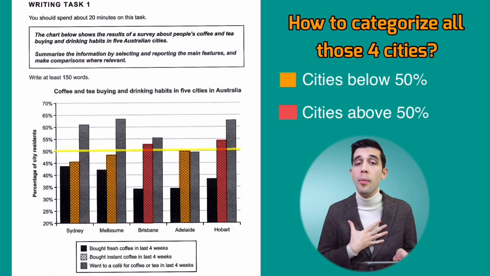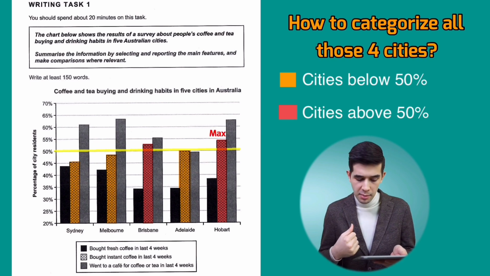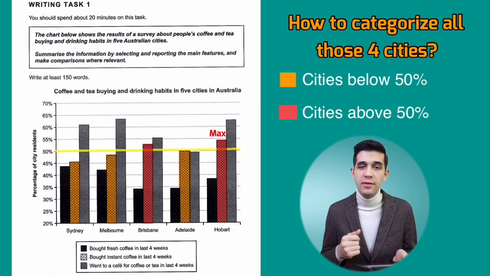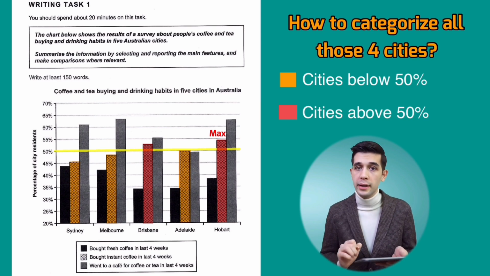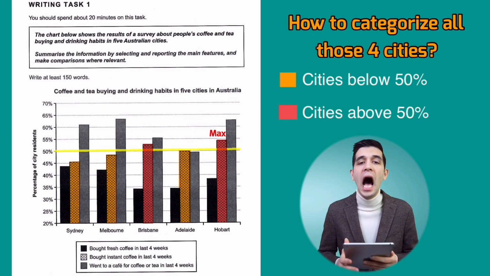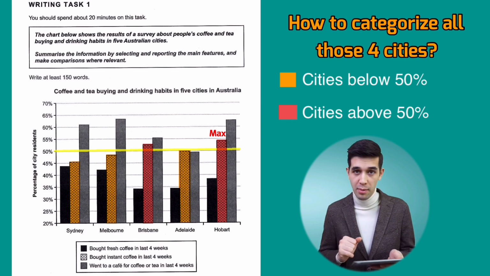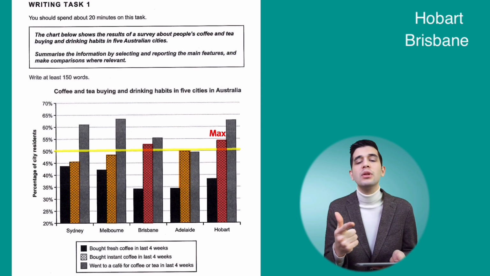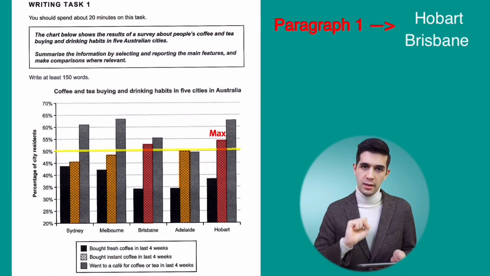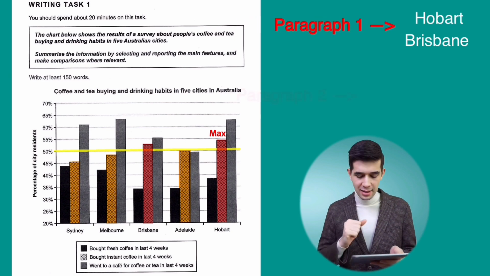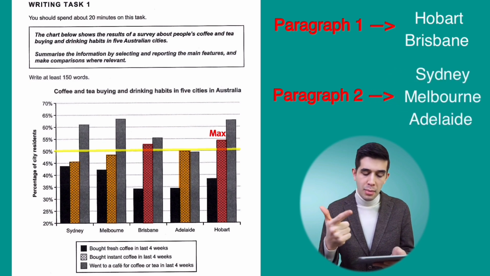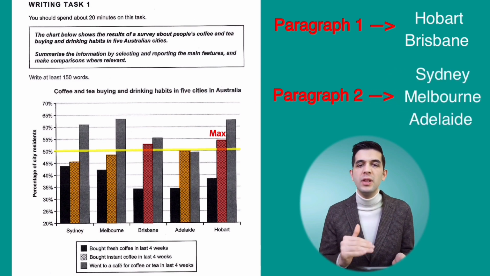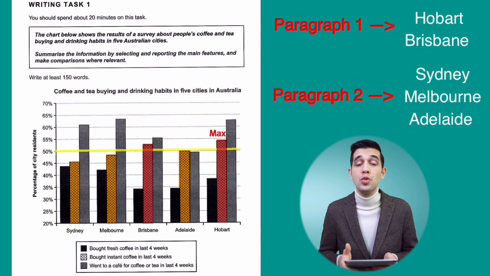So I know that Hobart is important because it's the maximum, but Brisbane also is above 50% and it's very close to Hobart. This is how I will categorize the information. I will choose Hobart and Brisbane and I will talk about them in one sentence. In another sentence, I will say that Adelaide, Melbourne, and Sydney were below 50%. This is one way of categorizing information.